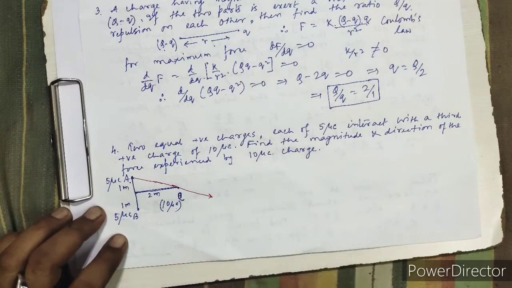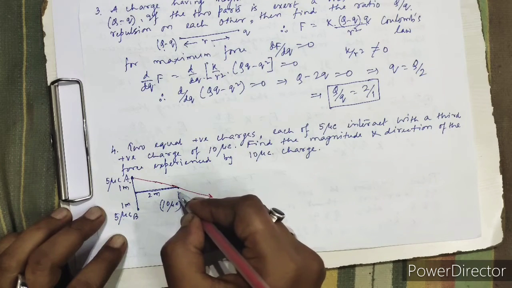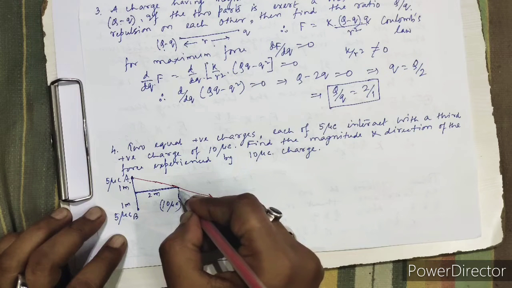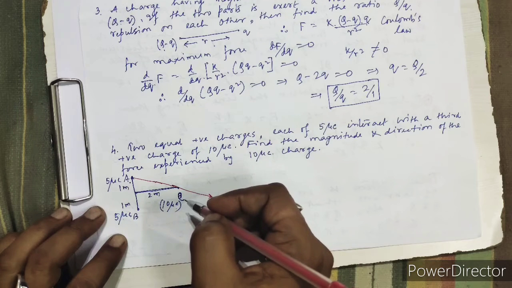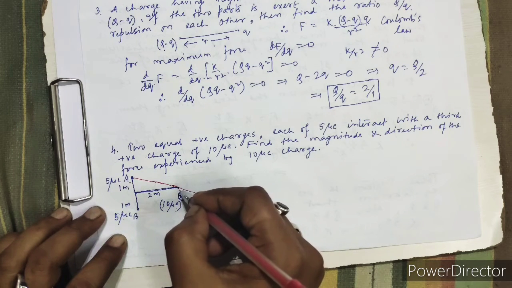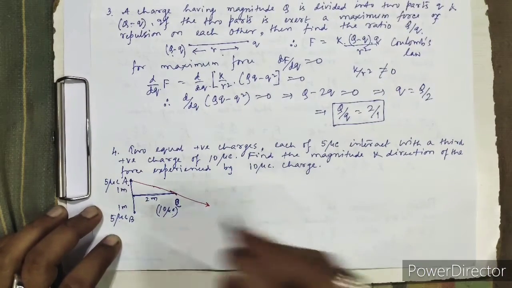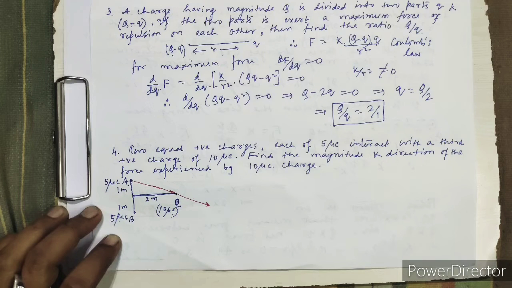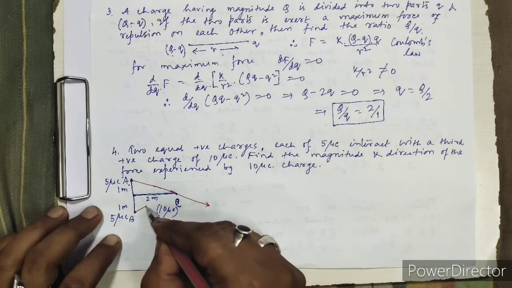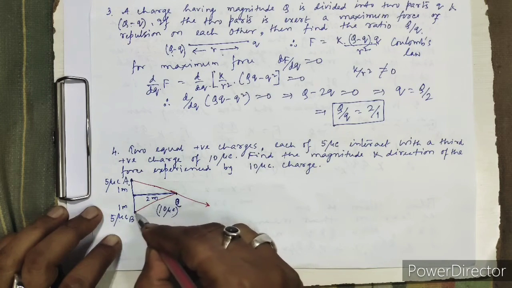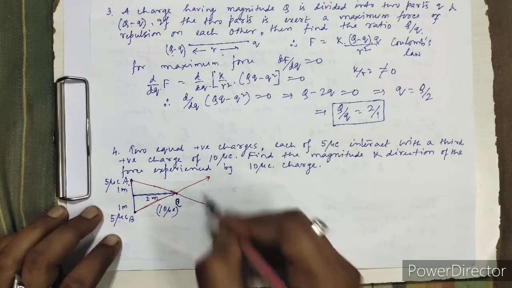Here is the speciality of Coulomb's law. If we find the force at C, we always consider the total action and reaction applied only on the charge at C. Again, the force on C due to B is in this direction.